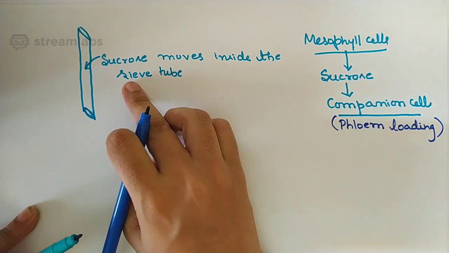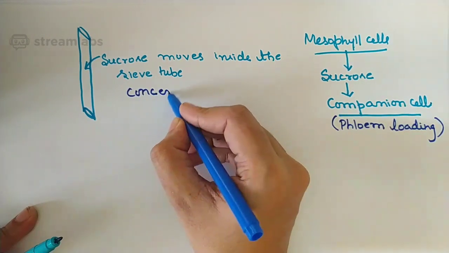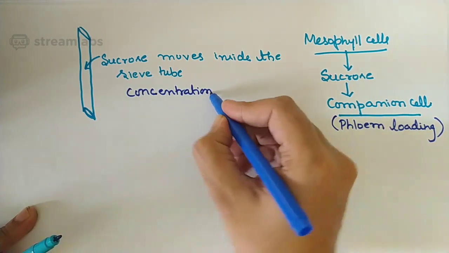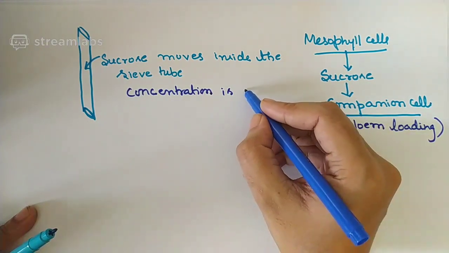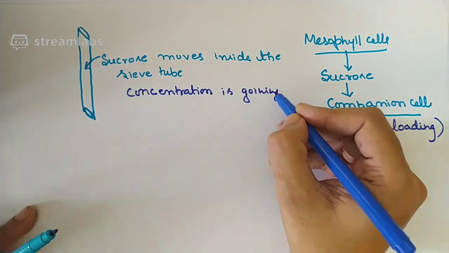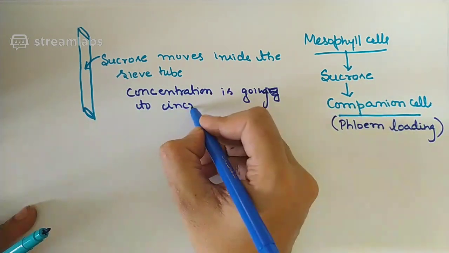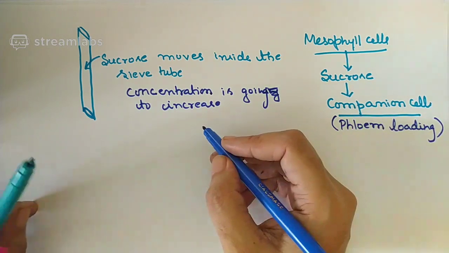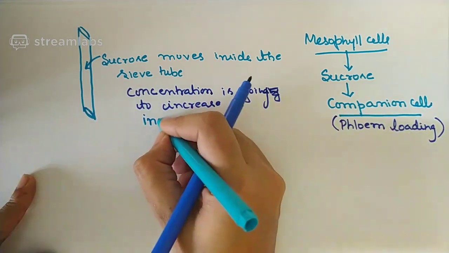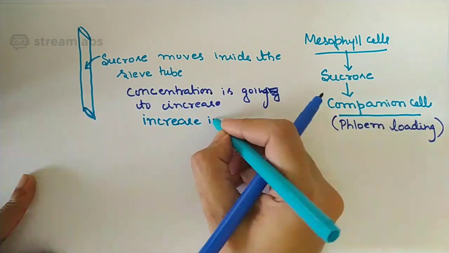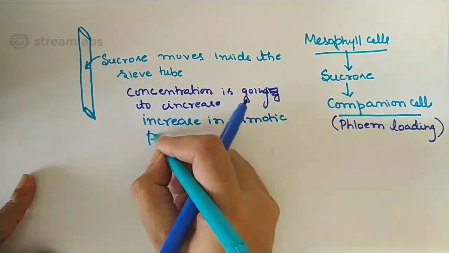Now, students, the sugar concentration is going to increase. That is, there is a term: increase in osmotic pressure.